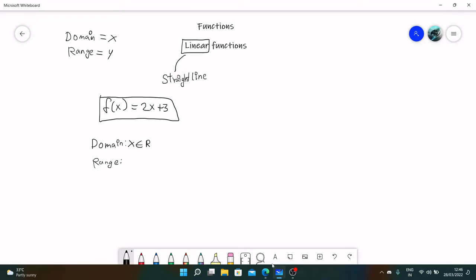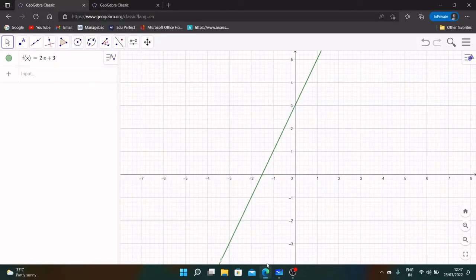And our range will be y belongs to R. Our input can be any number, our output can also be any number. So just imagine you have an infinite number of x values and an infinite number of y values. So it's going to go on forever, it's not going to stop. That's why over here the graph, the line, doesn't end.